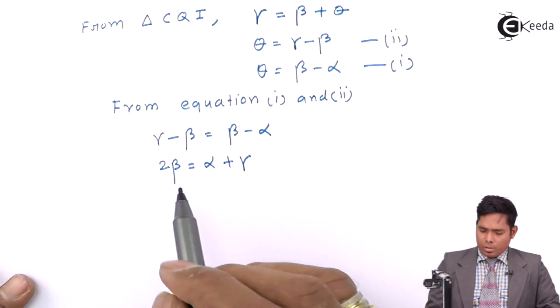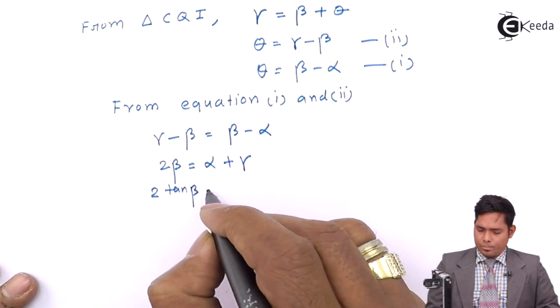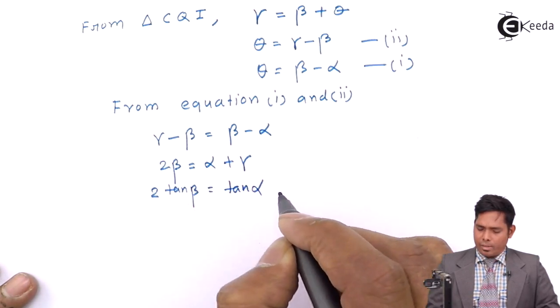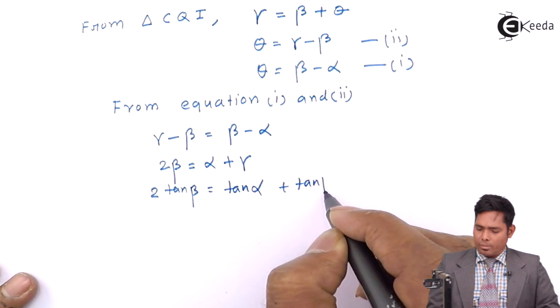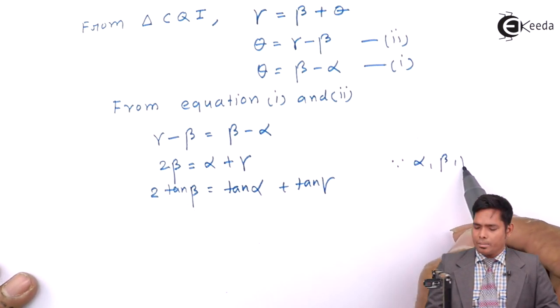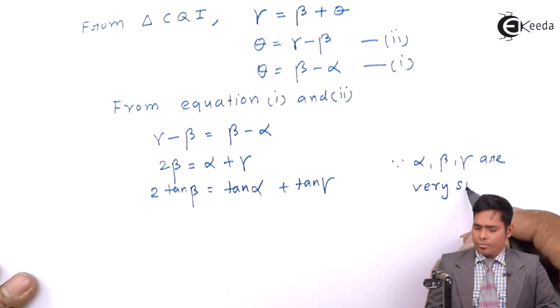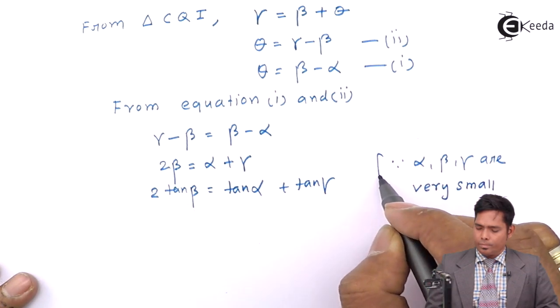So this is recognized as 2 tan of beta, tan of alpha and tan of gamma, because alpha, beta and gamma are very small.